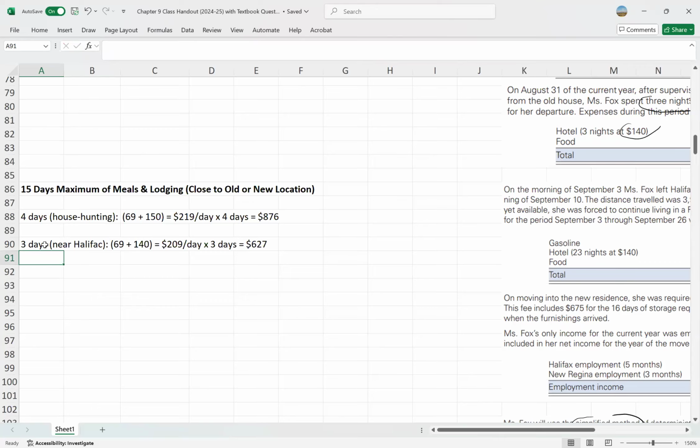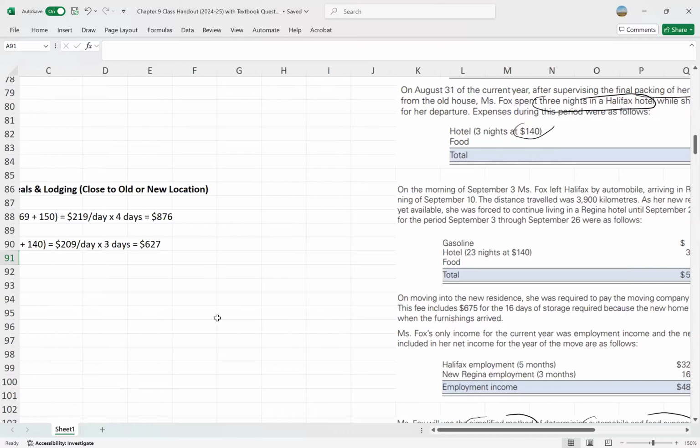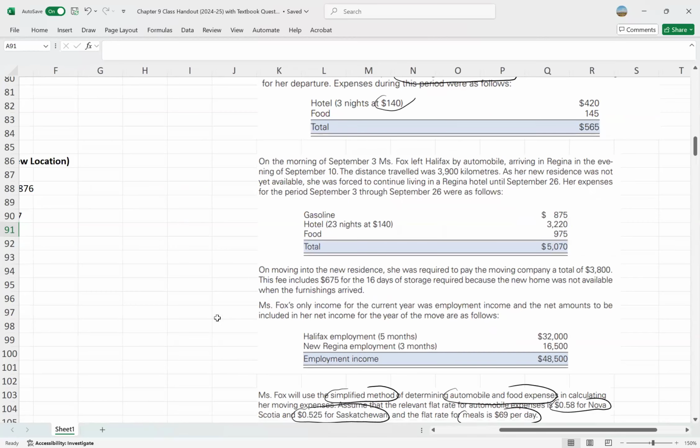So we'll just leave that there for now. Once again, we're going to keep track of all these amounts, and we'll take the 15 days if she exceeds 15 days, with the maximum amount per day. On the morning of September the 3rd, she's going to leave Halifax by automobile, and she'll arrive in Regina on the evening of September the 10th. The distance traveled was 3,900 kilometers. So this is where we talk about the traveling cost. Rather than keep track of the gas, she's going to use the prescribed rate based on the province she left from.